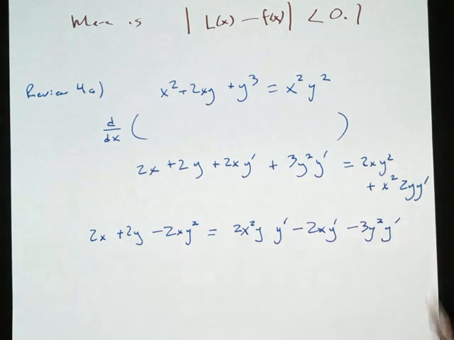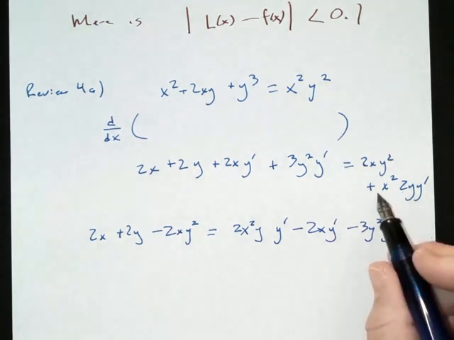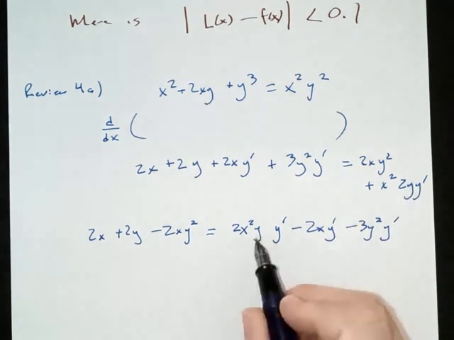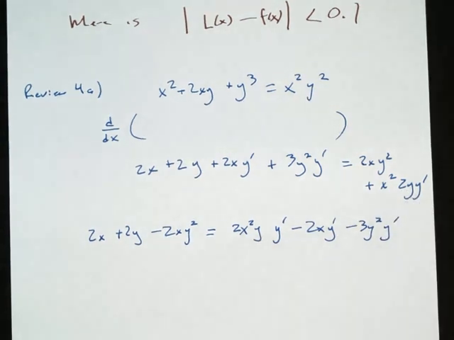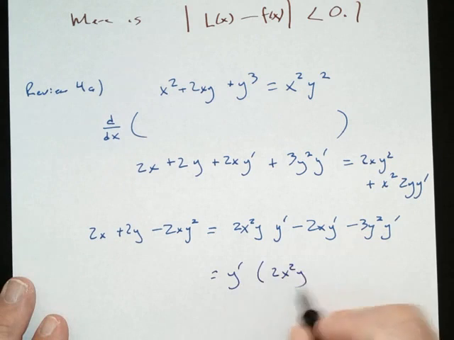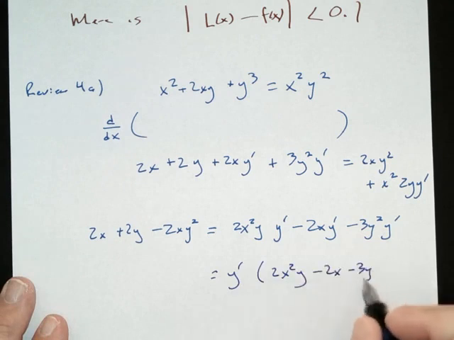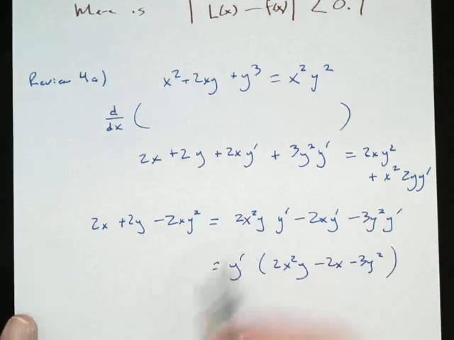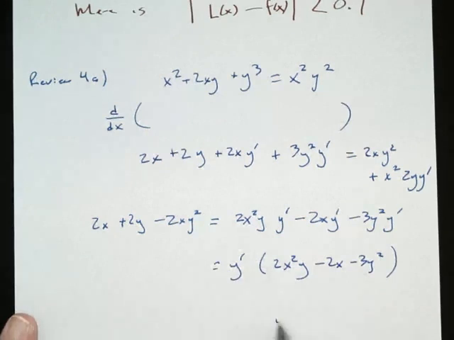I simply rearranged the 2 in front of the x squared here so that it would go in descending order alphabetically. Make it look pretty, from my definition of pretty. On the right-hand side, factor out the y prime. And then divide to get y prime alone.